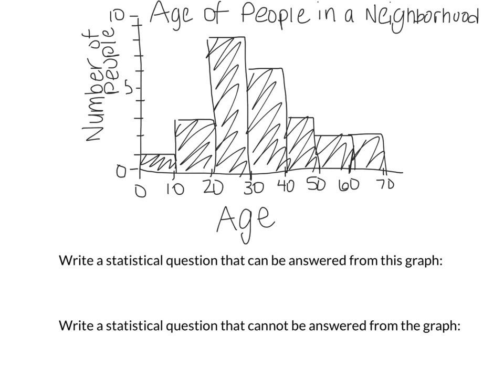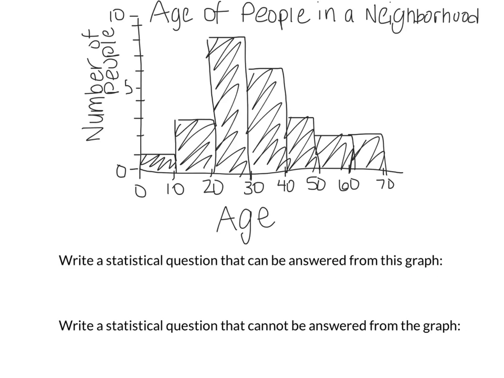Now I have an example of a histogram. And the title of this histogram is Age of People in a Neighborhood. So I have here age, number of people. So here's kind of what I see for the age of the people that would be living in this neighborhood. So based on this graph, I can write a statistical question that can be answered from this graph.